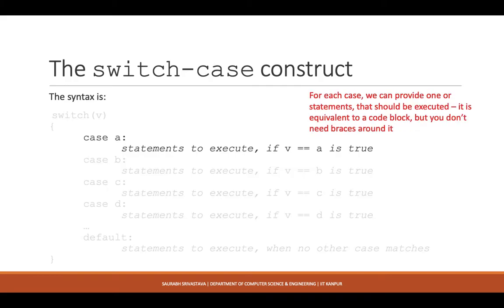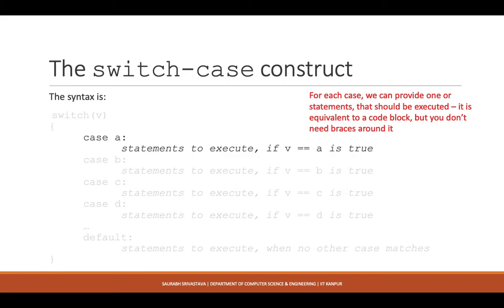But anyhow, what we do is, for each relevant value, we define zero or more statements that I want to execute if this particular case of the variable has matched. So when I say a particular case has matched, it means that this particular variable v has this particular value, right?